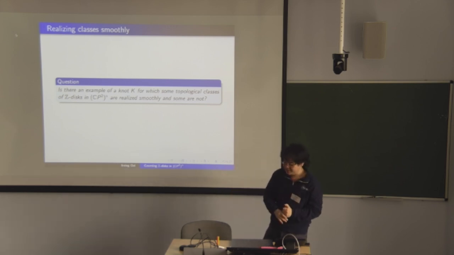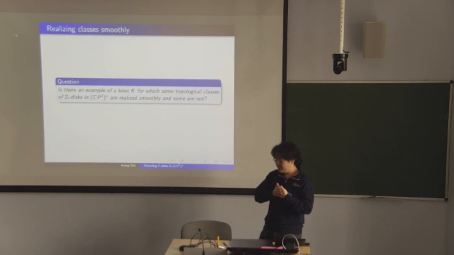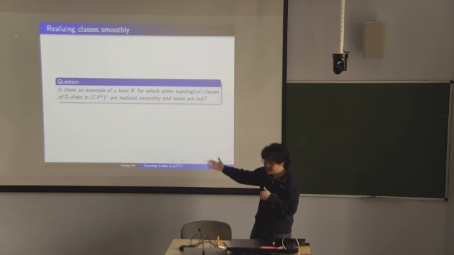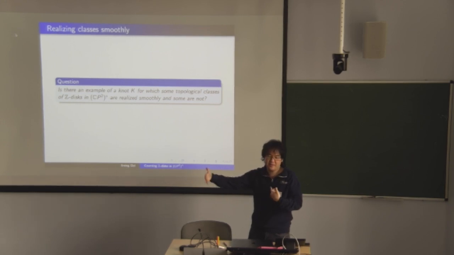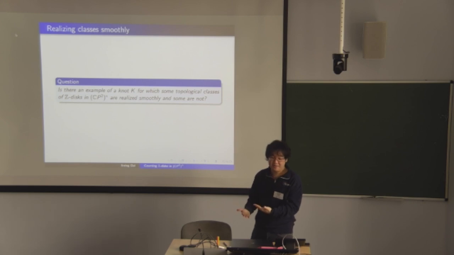To answer your question, for example, I could take something which has a crossing change to the knot that I wrote at the beginning, the knot that I attributed to Kyle Hayden, and I could cap off with either one of the disks for that knot, which were not smoothly isotopic rel boundary. And you would expect perhaps that that difference would be sustained, so the resulting two disks should not be smoothly isotopic rel boundary. So you can certainly get different smooth isotopy classes in that manner. The topological isotopy class doesn't matter, as I said.